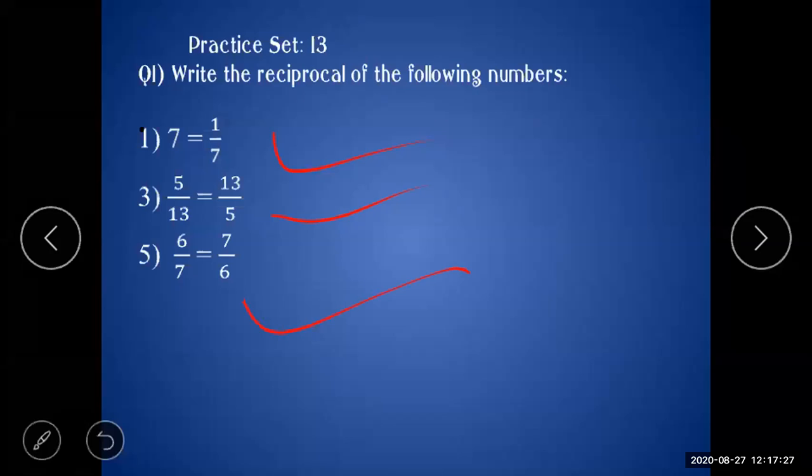Before going to the next exercise, I will explain how you are going to solve division. In the next exercise, question number 2 is division. See, it's an example, I will explain it to you.